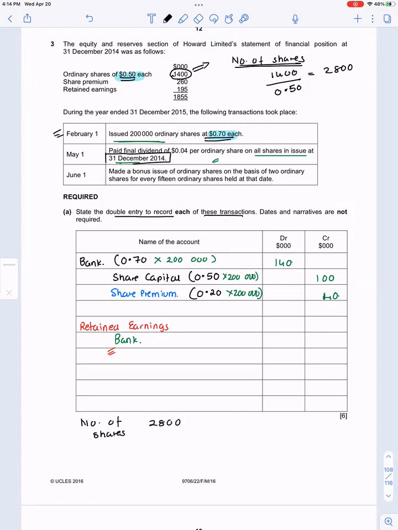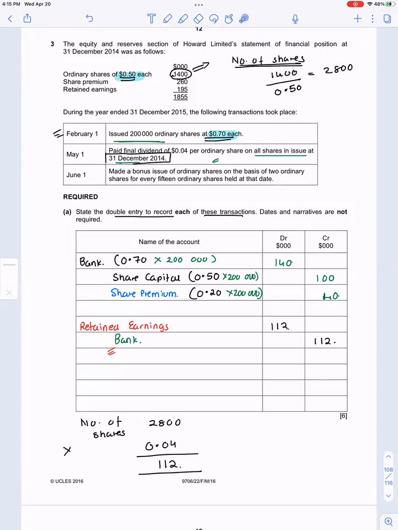The dividend is 0.04 per share. So I'm giving 112 as dividend. Money will go out of retained earnings.